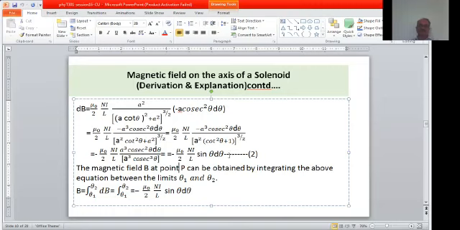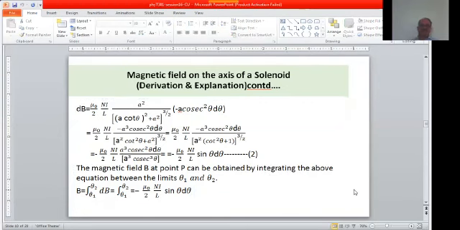So this is the magnetic field induction at the given point P due to the element only. Now the magnetic field at P can be obtained by integrating the above equation between the limits theta 1 and theta 2. That means we need the magnetic field due to the whole solenoid. So we have to integrate equation 2 between the limits theta 1 and theta 2, because these are the two angles made by the lines connecting the point and the two ends of the coil. If you integrate equation 2, we will get the total magnetic field produced at point P due to the solenoid.